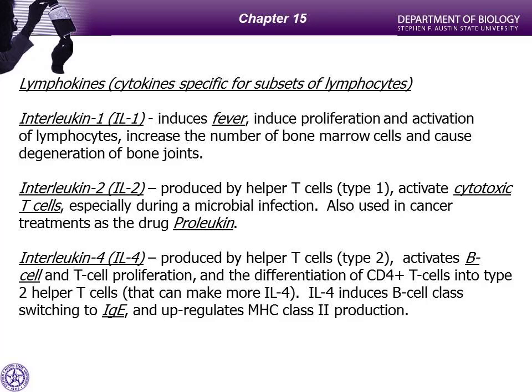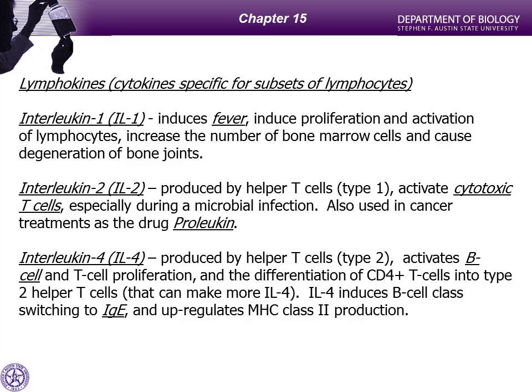There's interleukin-2 that we saw in our slide. Interleukin-2 produced by helper T cells. They activate cytotoxic T cells. And what's interesting is there's a drug, proleukin, which is a synthetic interleukin-2. It's often used to enhance chemotherapeutic agents when you're treating cancer patients. Here we have interleukin-4.